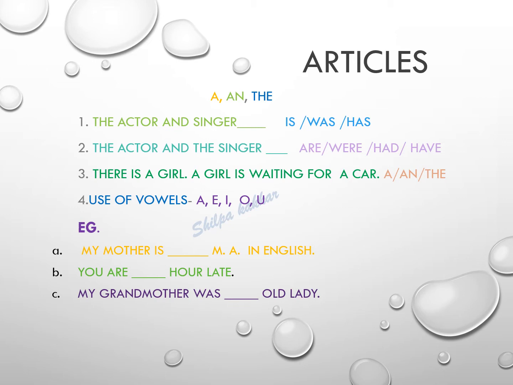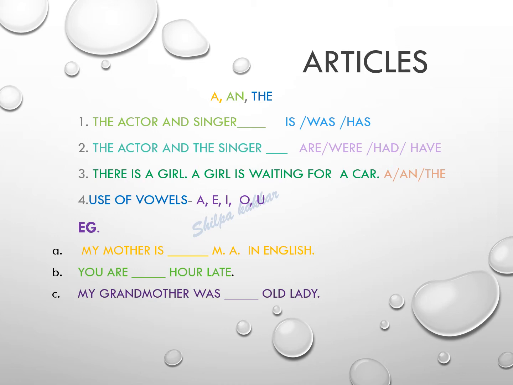In the previous sentence, the actor and the singer were the same. And that is why when we were talking about only one person, at that time we write in a singular form. The actor and the singer are very punctual.